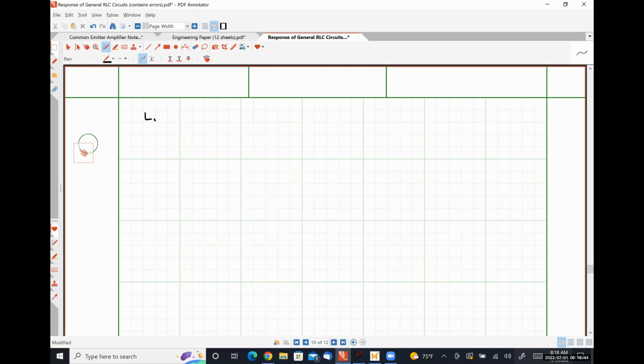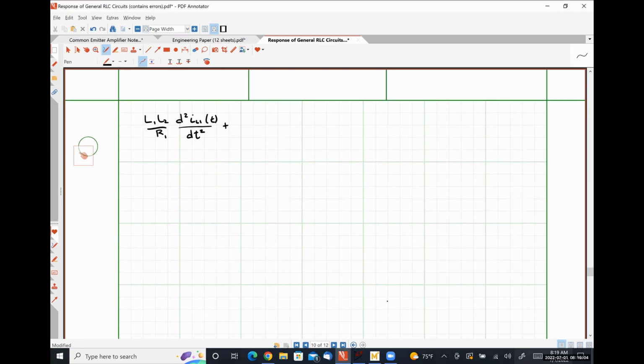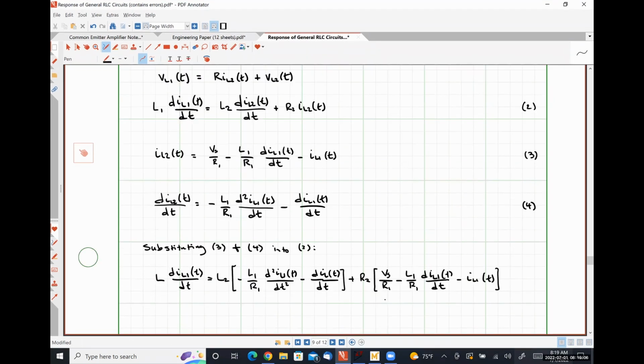So let's put that here, L1 L2 over R1 times the second derivative of IL1 plus, now let's go back and look at our first derivative terms, okay?